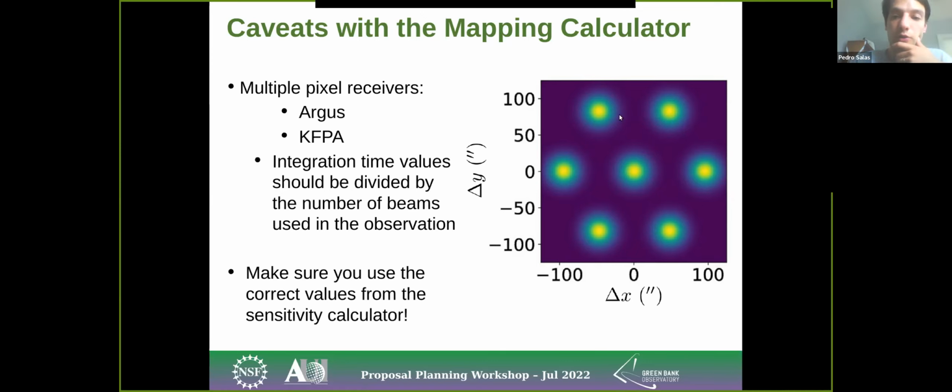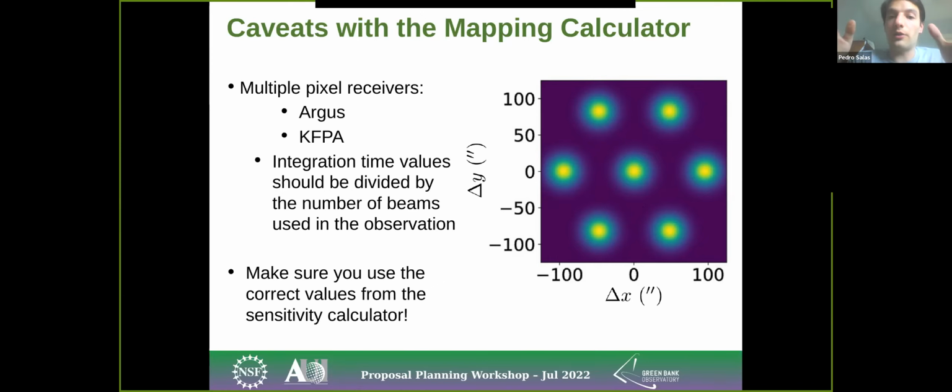In this case, we're showing the disposition of the beams in the K-band focal plane array, where you have 7 beams. And in this particular case, say, for example, the sensitivity calculator says you need a time of 700 seconds to reach your sensitivity at one position.